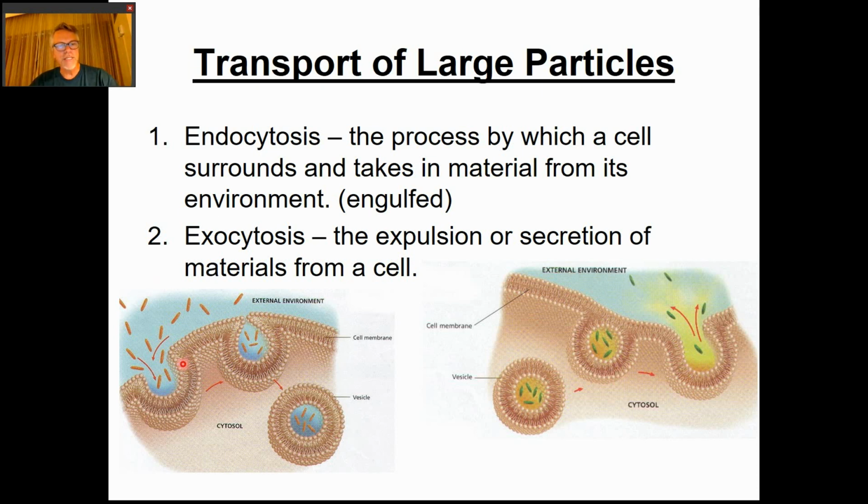All right, so here's an example of endocytosis. Let's say this is a white blood cell, and its job is to engulf these little bacteria here. So it forms a pit, and it pinches off the pit, and the bacteria are trapped inside, and then this pinches off to form a vesicle. So now you have moved this bacteria from outside of the cell to the inside of the cell. Could be bacteria, could be a food particle, whatever.